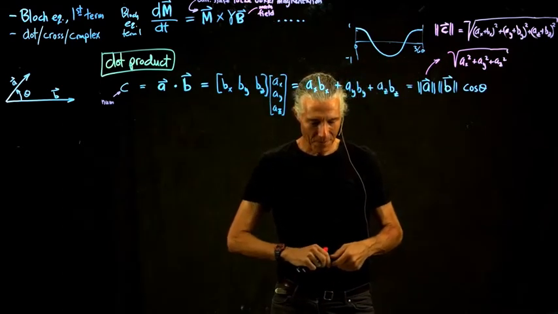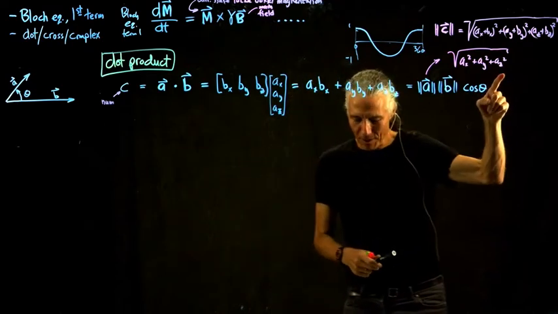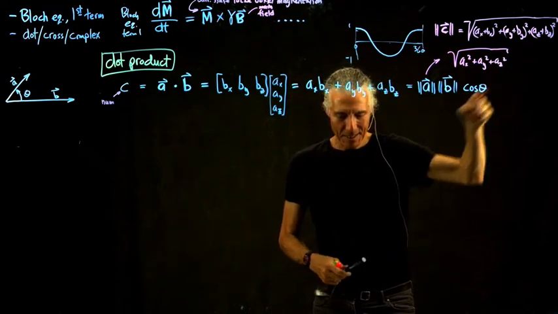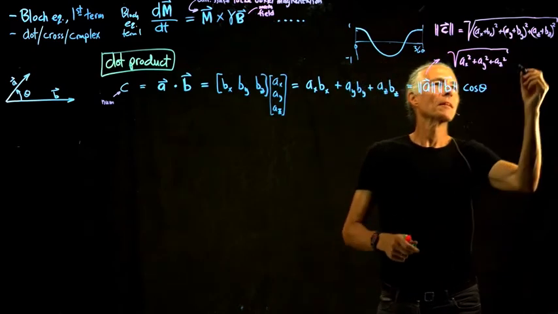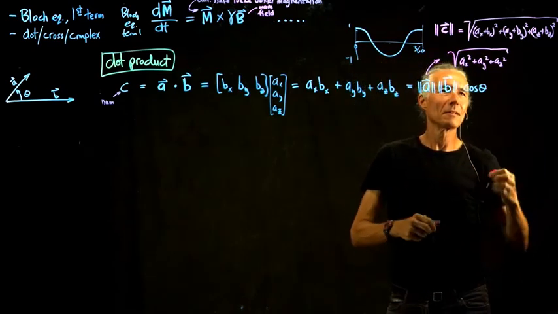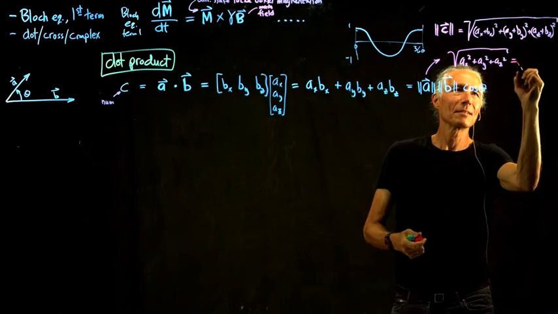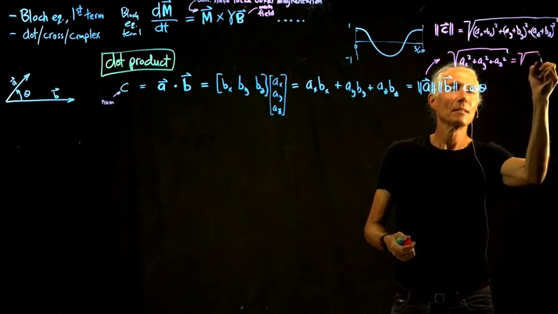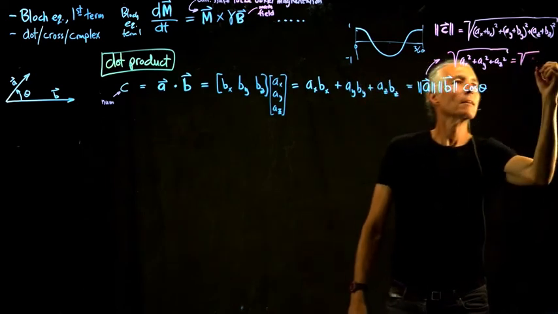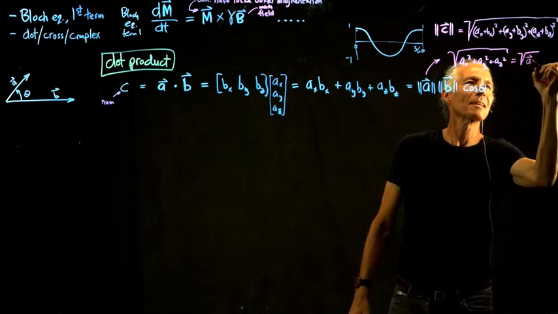There's one last bizarre thing you notice about this. This pretty much equals the square root of the dot product of A with itself.